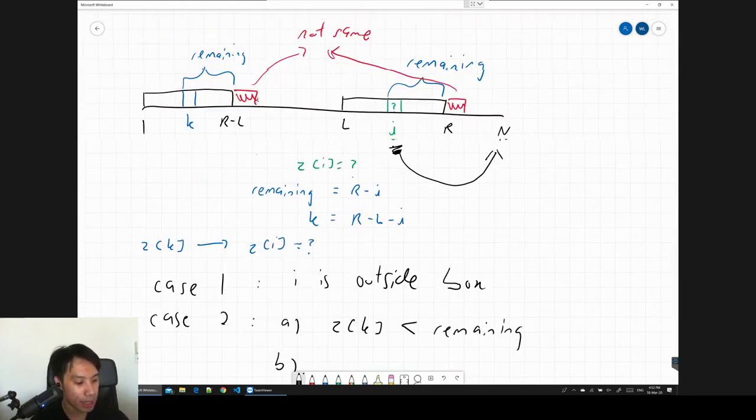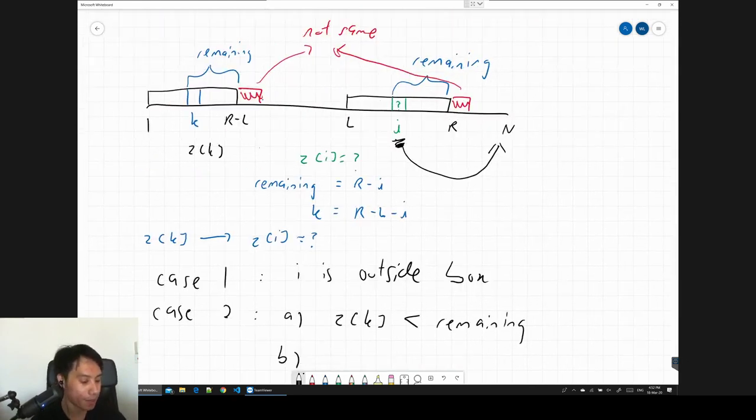What it means is the number here, Zk, is going to be smaller than my remaining, which is R minus I. Which means whatever number I save in my Z box is less than my remaining itself.